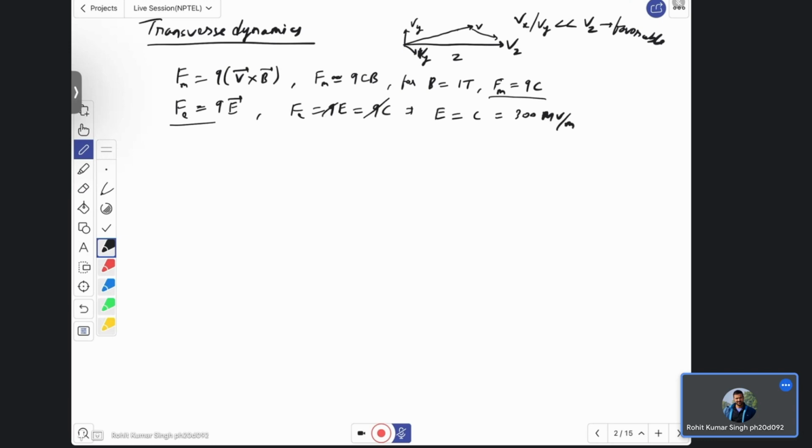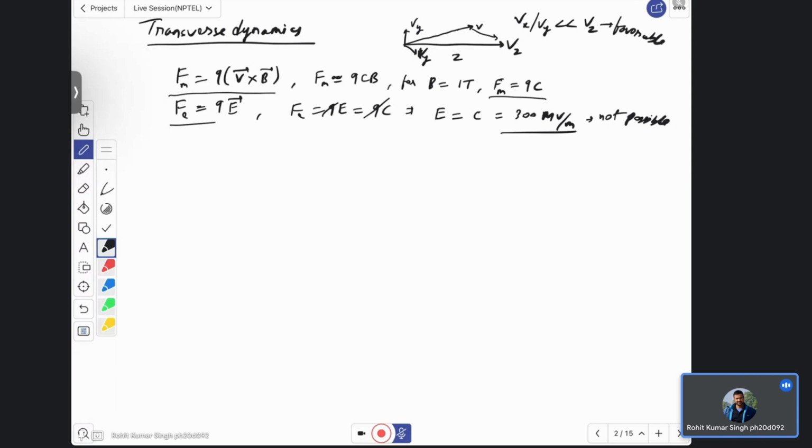Okay, so this is a very high electric field, and it is not possible. That's why for a high energy beam, for a beam moving with a very relativistically high speed, we need a magnetic field to focus the beam.